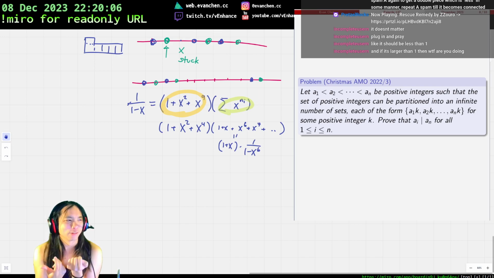But also the coefficients are either 0 or 1. Is that good enough to do anything? I can't tell. Is it true that a polynomial with coefficients that are either 0 or 1, and with all the roots on the unit circle, needs to be just an arithmetic progression? Is that a true fact? I have no idea.